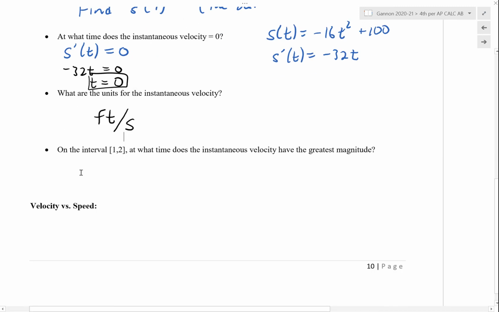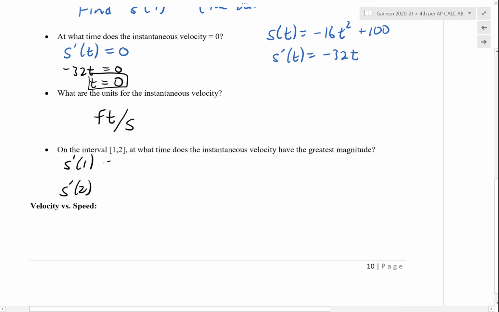All right, the next question says, on the interval 1 to 2, at what time does the instantaneous velocity have the greatest magnitude? Now the instantaneous velocity, we're going to find by taking the derivative. So s prime of 1, and we're going to find s prime of 2.